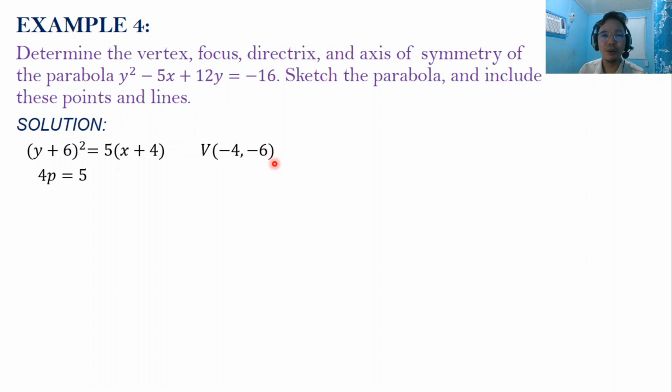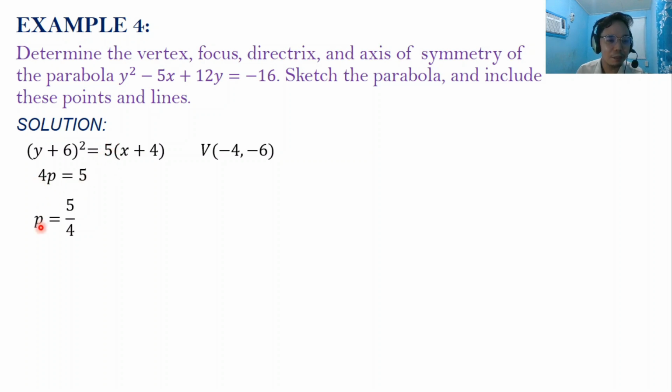Next, we are going to find the value of p. Why? Because we need to know what is the distance of the vertex going to the focus. Pag nakuha natin ang p, makukuha natin ang coordinate ng ating focus. So, our p is 5 over 4, because this is our 4p, i-equate natin siya sa 5. So, 4p equals 5.